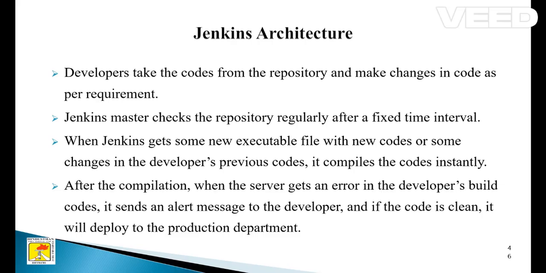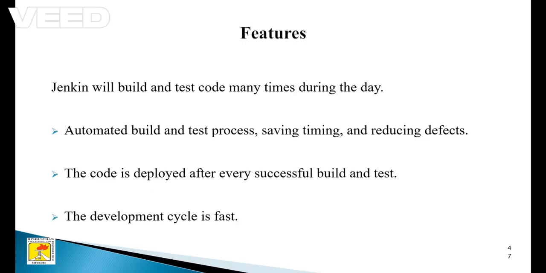When Jenkins gets some new executable file with new code or some changes in the developer's previous code, it compiles the code instantly. After the compilation process, when the server gets an error in the developer's code, it sends an alert message to the developer, and if the code is clean, it will deploy to the production department.